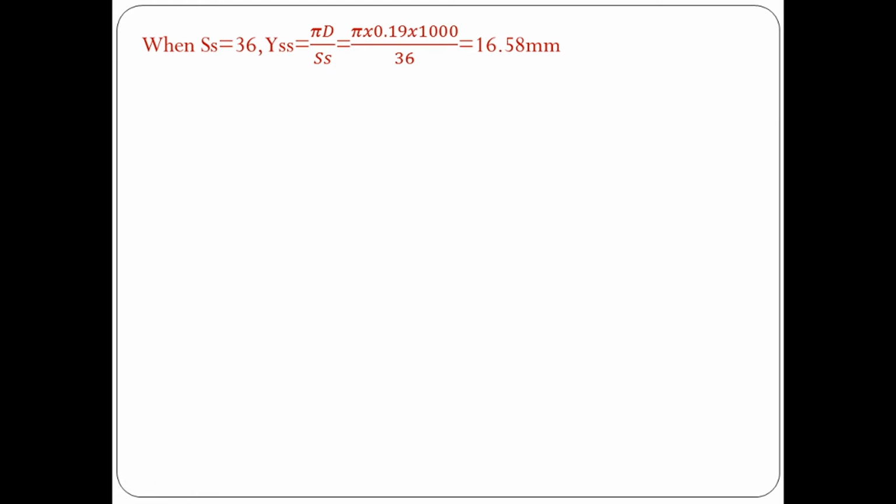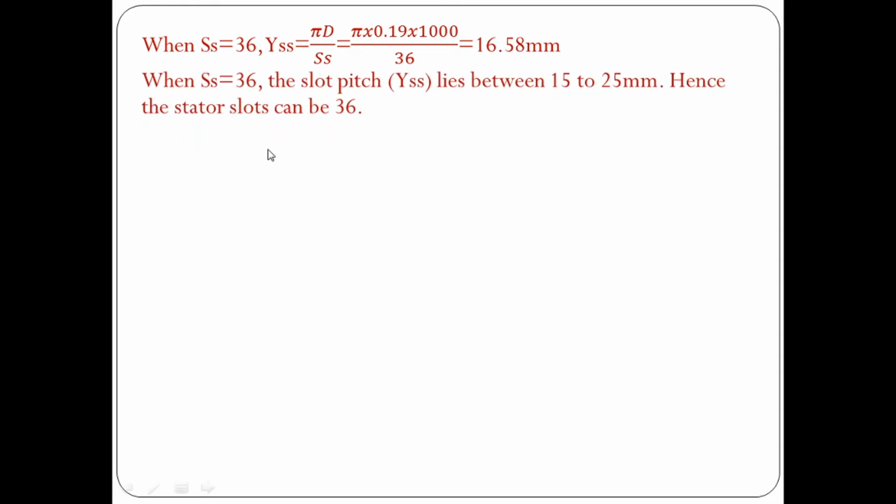So when SS is 36, YSS value will be 16.58 millimeter, and the slot pitch lies between 15 to 25 mm. So if you choose the number of stator slots as 36, based on this equation you can find that the slot pitch YSS lies between 15 to 25 mm. Hence the stator slots can be considered as 36.